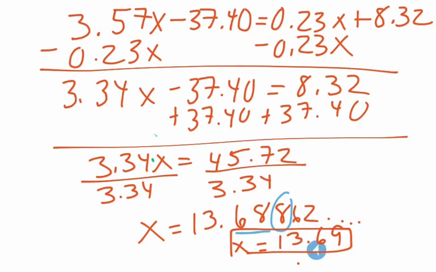So if you were to take 13.69 and plug it back into the original equation, you would get 2 numbers that were very close together, but not identical. That's acceptable as long as you understand where that comes from and why. It's one of the reasons why a lot of mathematicians don't like using decimals and they prefer to keep those fractions in there.